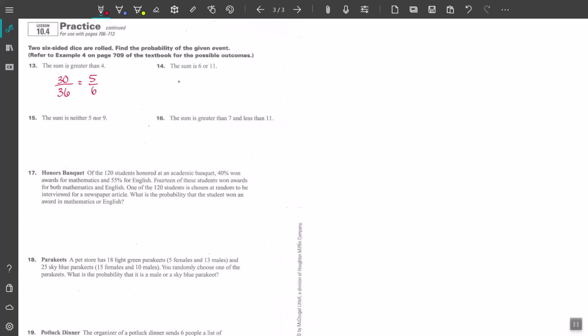If we move over to 14, now here they're asking us for the probability that the sum is 6 or 11. So now we have 2 events. We've got the probability of A happening or the probability of B happening.